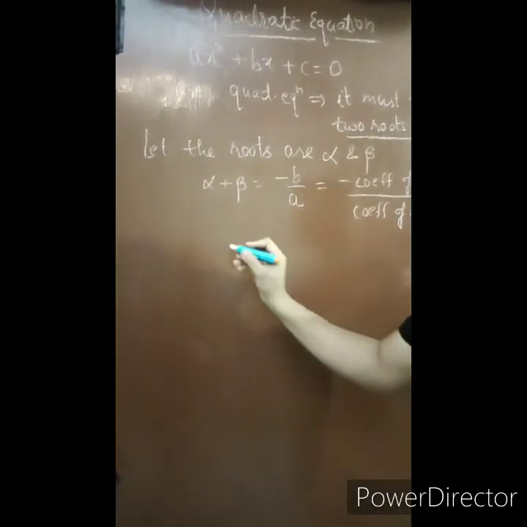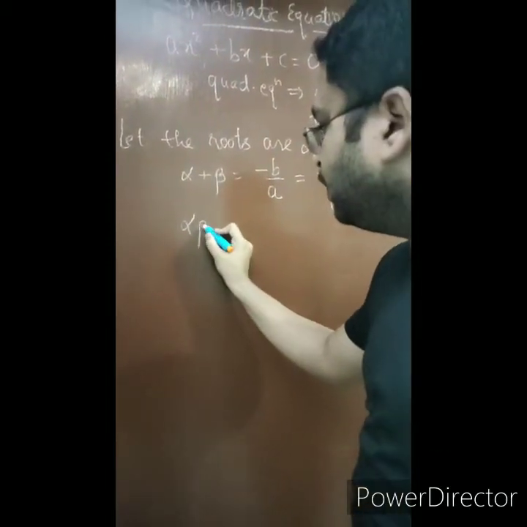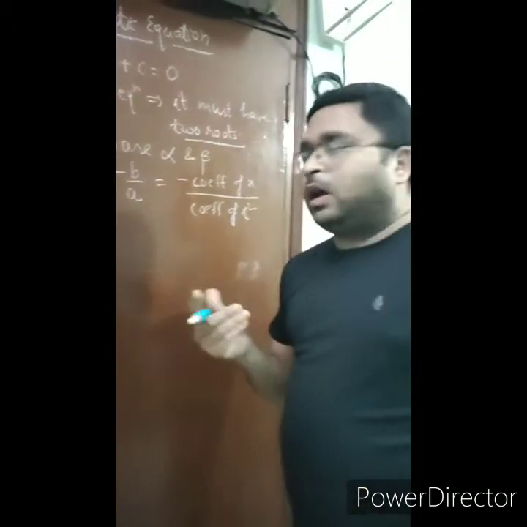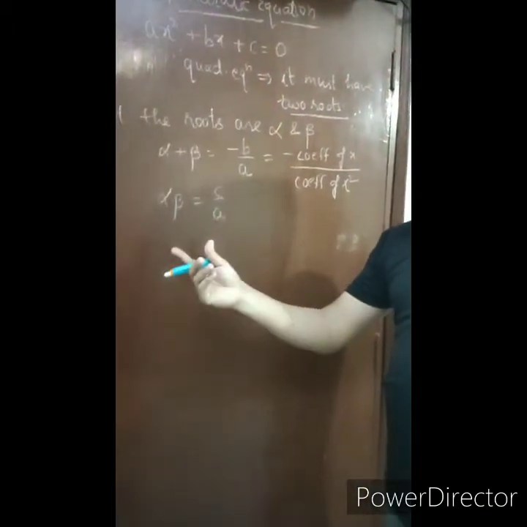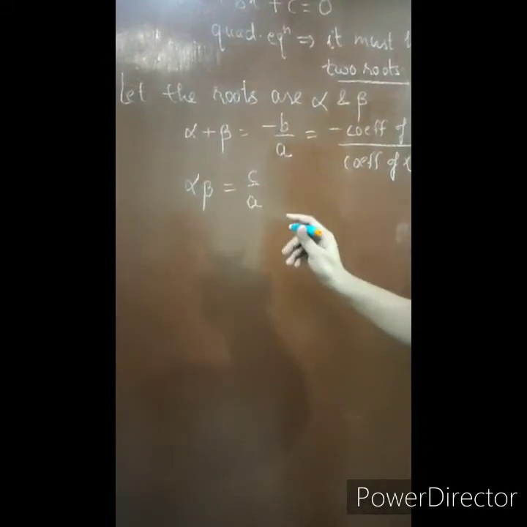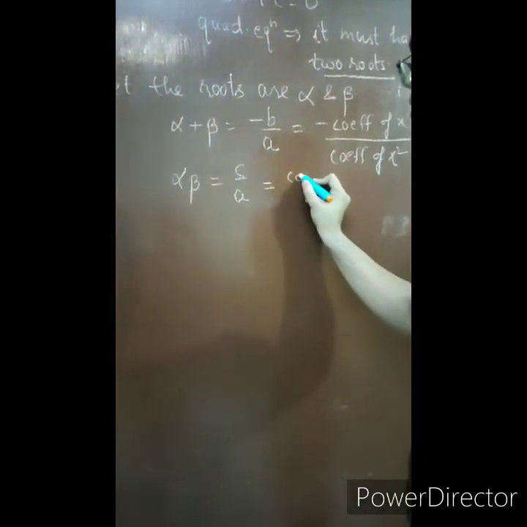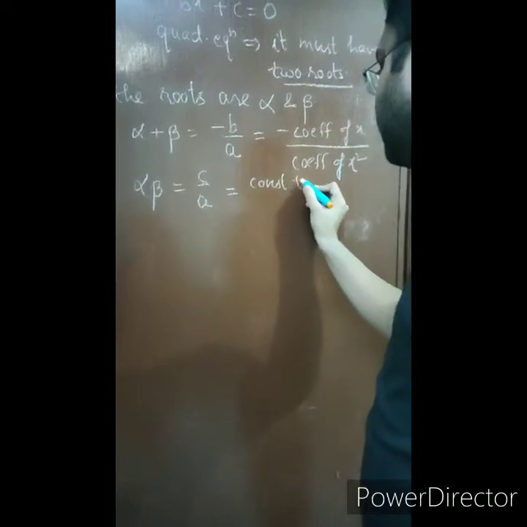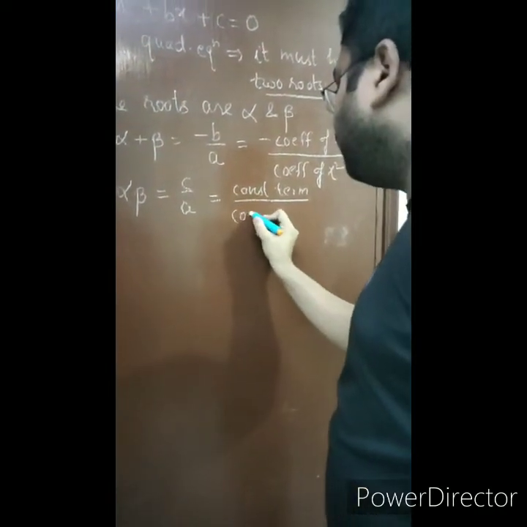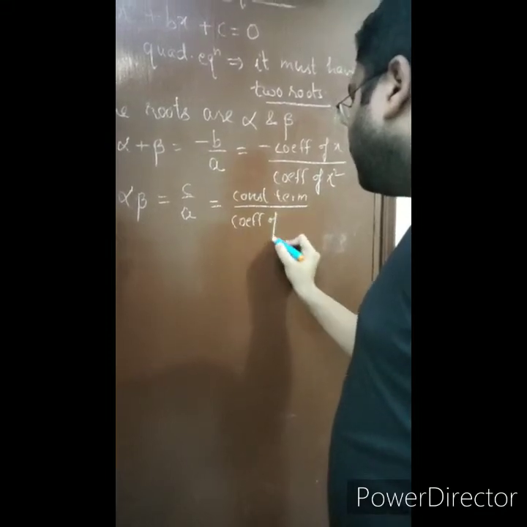Okay. Next, alpha beta becomes equal to c by a. Alpha beta is the product of the roots. Alpha beta equals to c by a. In other words, we can say constant term divided by coefficient of x square.